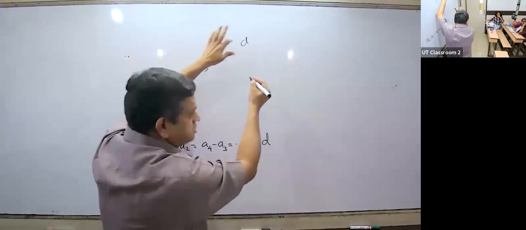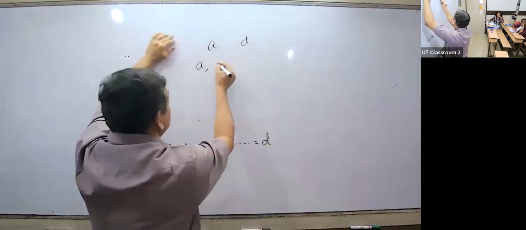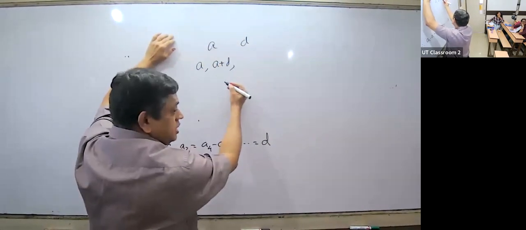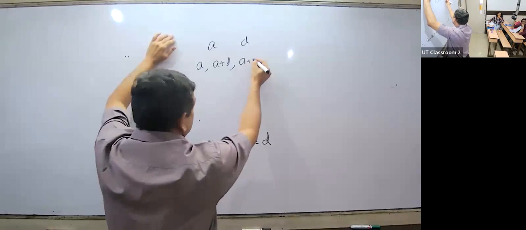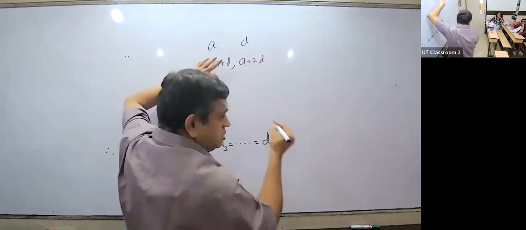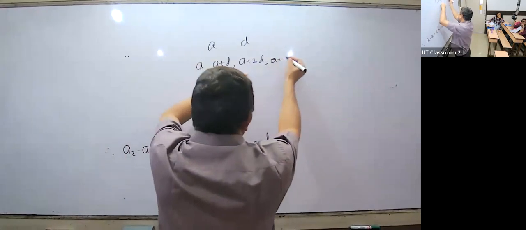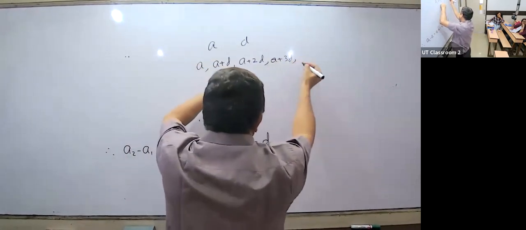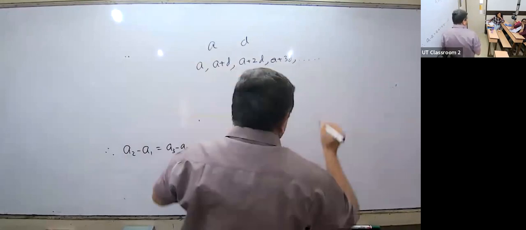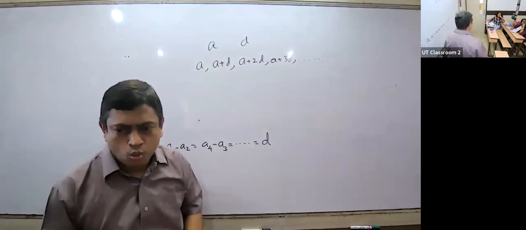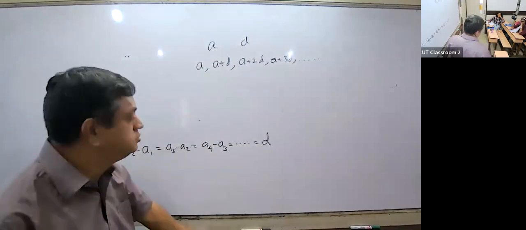A plus D. What will be the next term? A plus 2D. Yes or no? D is being added, so 2D. What will be the next term? A plus one more D, that is 3D. What will be the next term? A plus 4D.